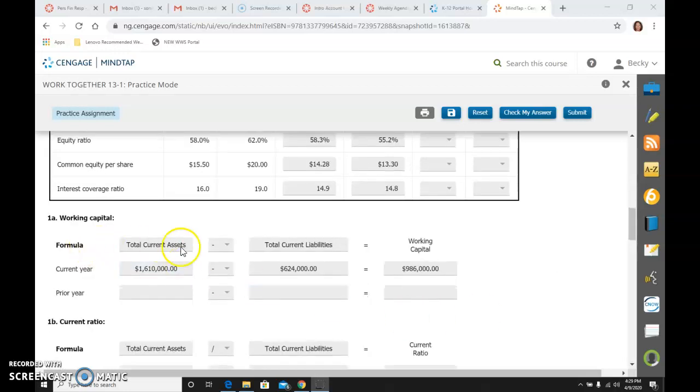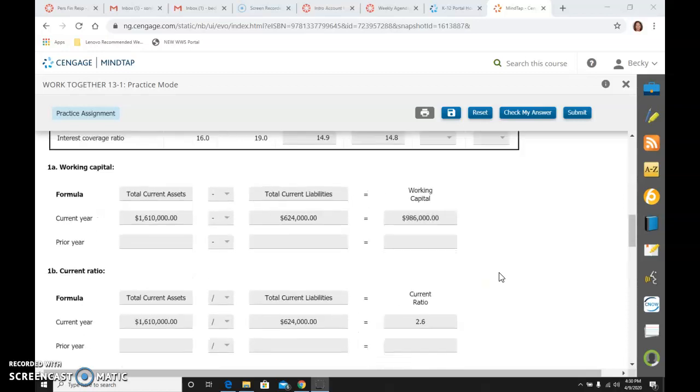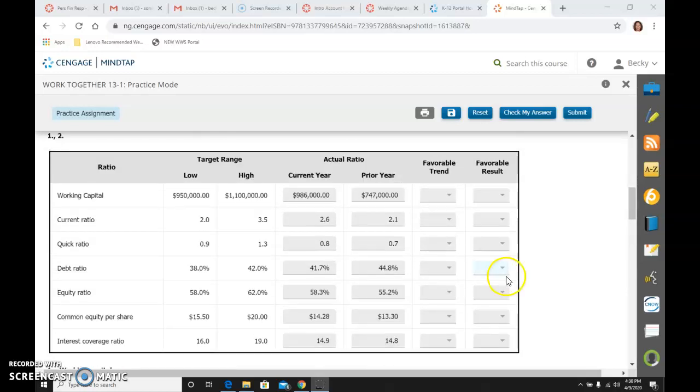And then down below I have all of the calculations, and I only did what the formula is and the current year numbers. To get to the answer, you'll have to do the prior year on your own. So I will go through all those at the end, but I just want to do the analysis part first.